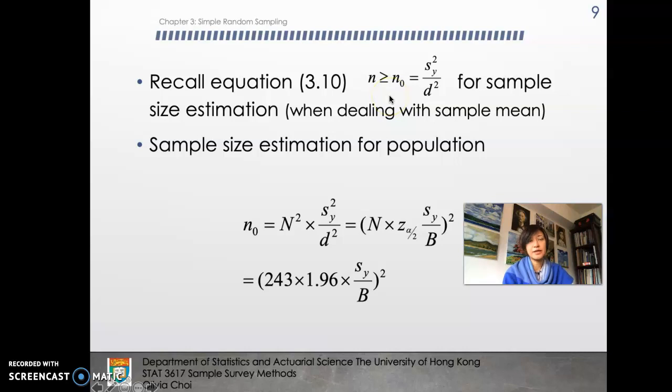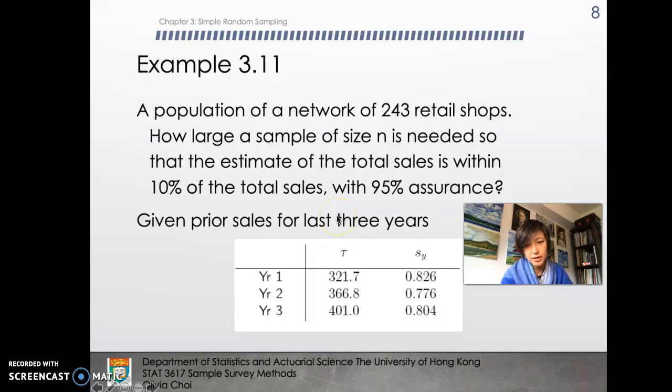And then we know that the relationship between the total and the sample mean is N. So we can go back to this same process of the formula, and we find that N naught for tau, the total, is indeed equal to N squared multiplied by SY squared over D squared. Okay, so that SY squared is referring to the per retail shop's variations.